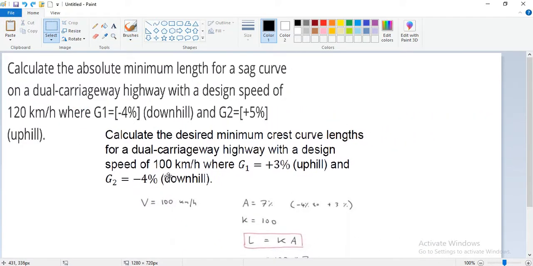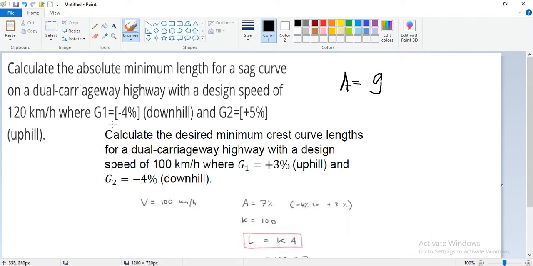Use this question. First you need to calculate A, and it will be 4 plus 5, which is 9. The A will be 9.